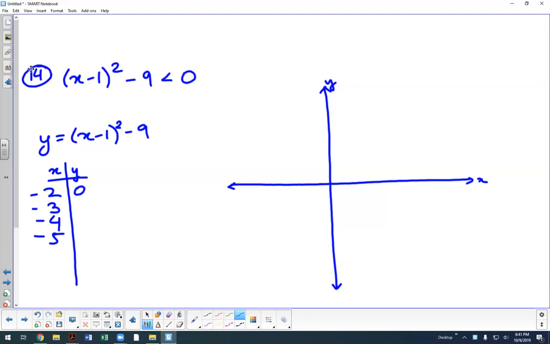So what are we going to get for -3? Yeah, because you're going to get 16 in the parentheses part. So 16 minus 9 gives us 7. -4 gives 16.